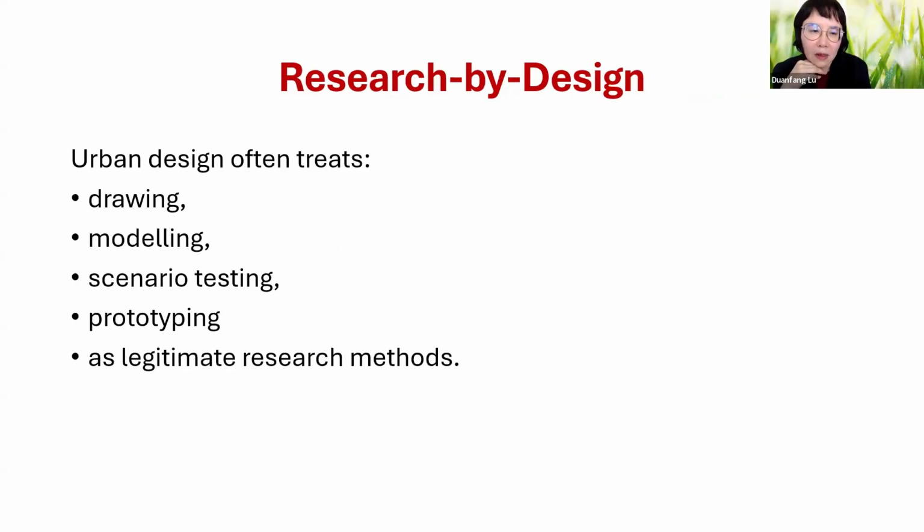And also, urban design research often does research by design. So in the process of producing drawings and diagrams, you use the process of creating these visual materials to further improve your thinking about the best strategies for that particular place.